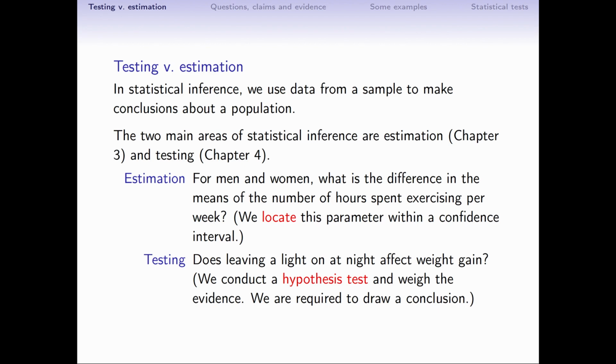Tell me where on the number line I would find this parameter of interest. While in testing, we're being asked to answer a question. Does leaving a light on at night affect weight gain? We need to answer, yes, the evidence seems to favor this conclusion, or no, the evidence does not seem to favor this conclusion. All right, so this brings us to the topic of questions, claims, and evidence.